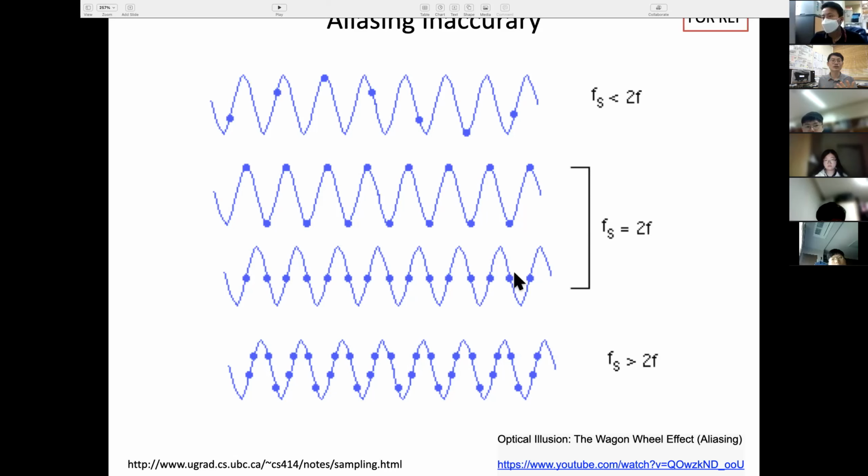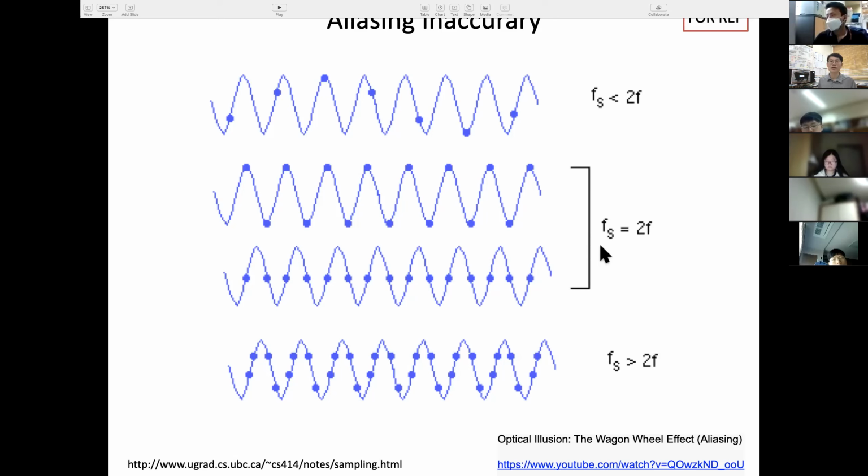So your signal collected here is constant. And this happens when your sampling frequency is exactly twice the signal frequency. So what it means is this is not enough. And if you are sampling slower than this, strange things can happen, all right?